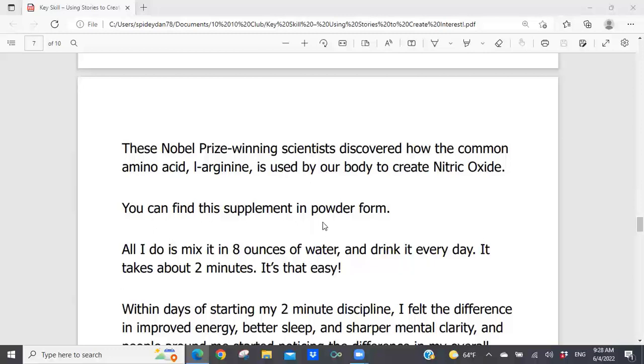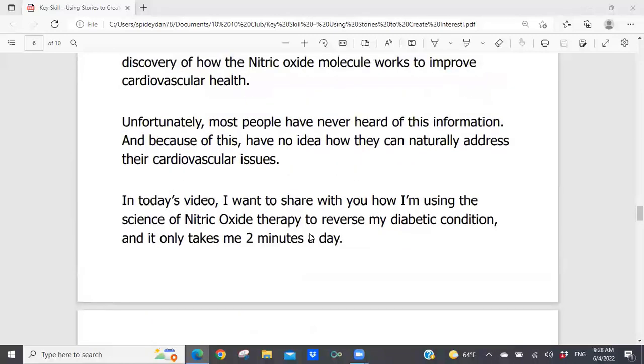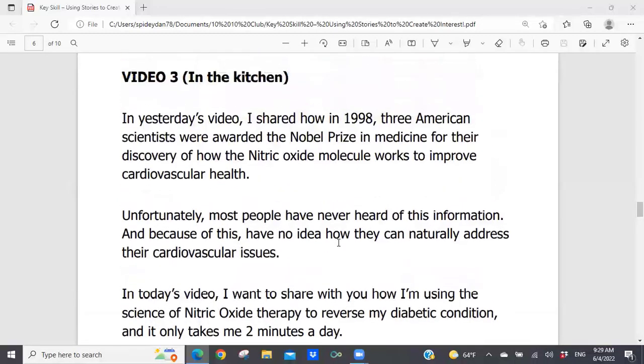And the reason for that is because he's sharing some things that could get him into trouble with Synergy Worldwide and with the FTC with regards to the kind of information that you're sharing. So I suggested to David that if he just focuses on nitric oxide therapy and the science of nitric oxide therapy and just show a powder that he's mixing so he can show the simplicity of his 2-minute discipline, then he can share some things that he can do because it's all nitric oxide therapy based and he won't get into trouble with anyone because of that.